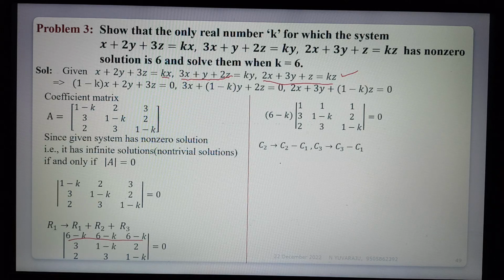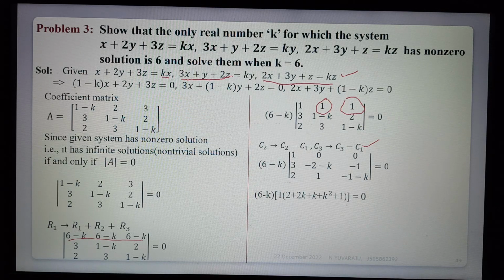Next, using column operations C2 minus C1 and C3 minus C1, that is, 6 minus k times this determinant, these elements become 0. Now finding the determinant directly: 6 minus k into 1 into (2 minus k) times (minus 1 minus k plus 1), multiply, minus (2 minus 2k) times... the product 2 plus 2k plus k plus k square, 1 plus 1 is equal to 0.